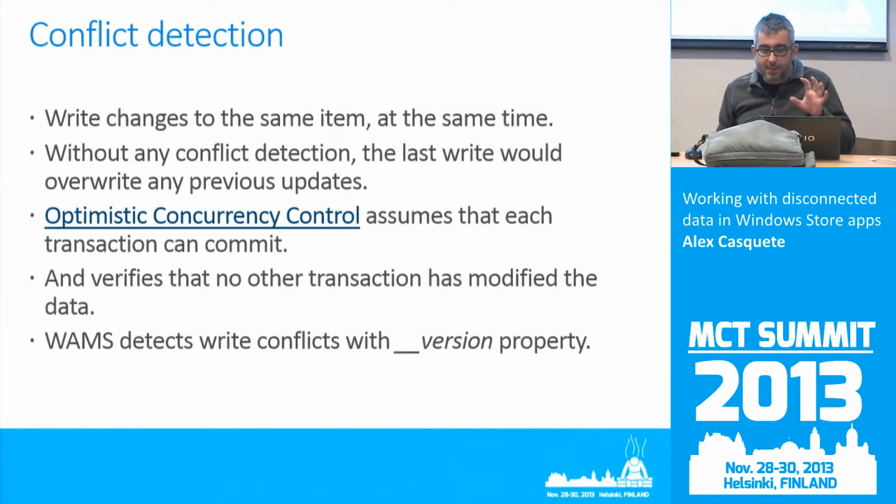Before committing a transaction, the optimistic concurrency control verifies that no other transaction has modified the data. And if the data has been modified, the committing transaction is rolled back.